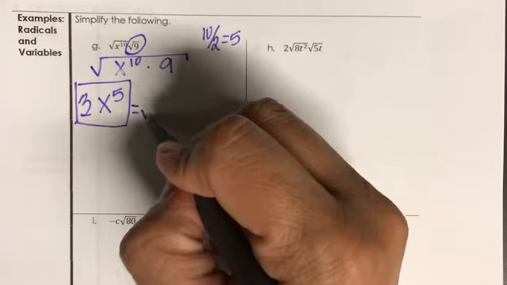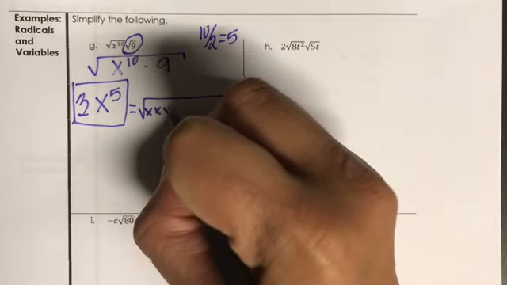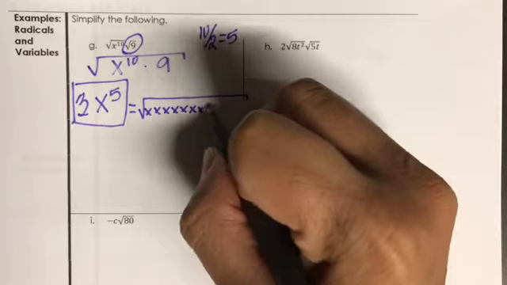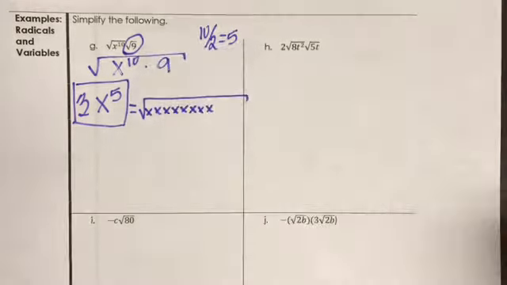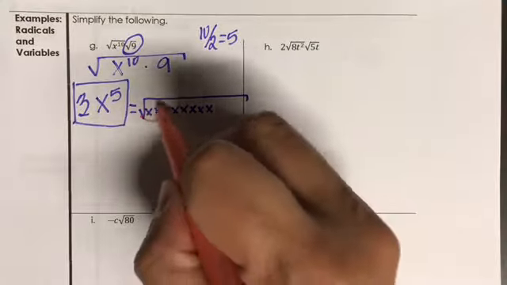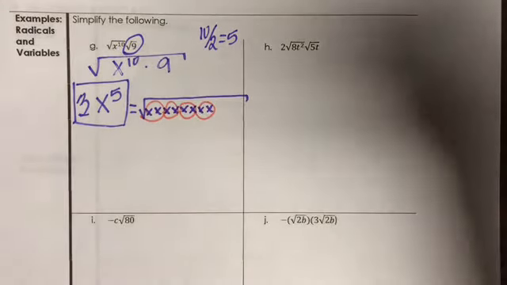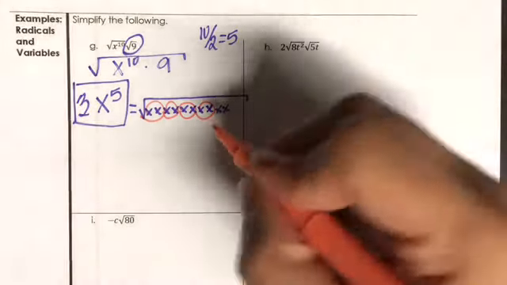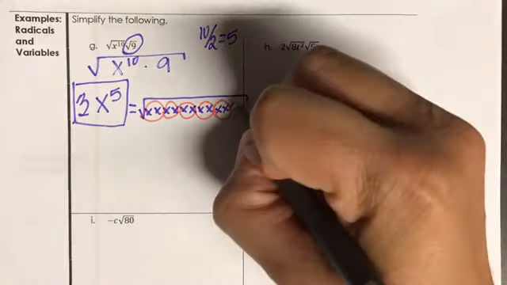Let's expand it for those of you who still need to see it. I'm going to have 5 pairs of x's. So 1, 2, 3, 4, 5. And I'm going to have a pair of 3's from the 9.